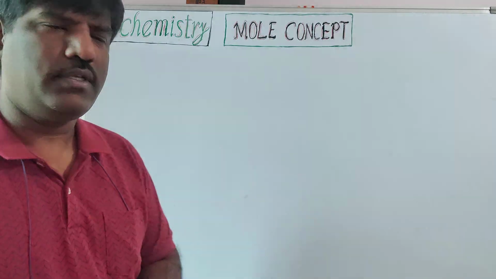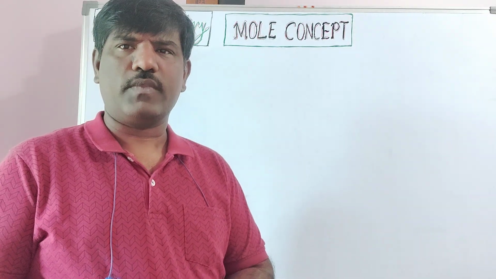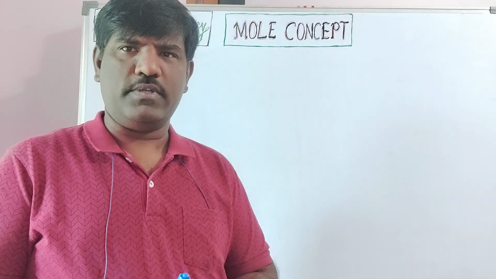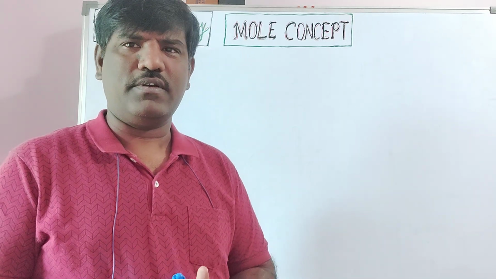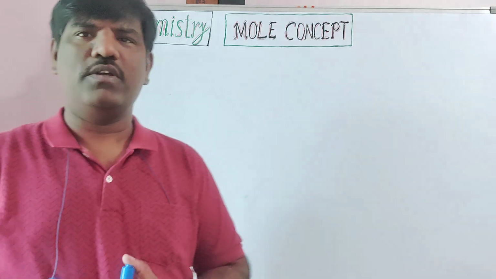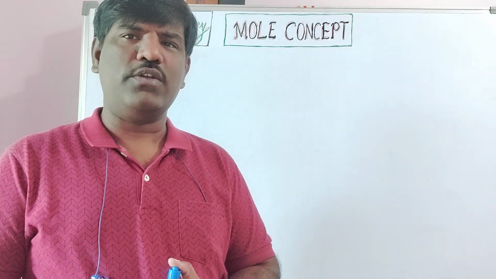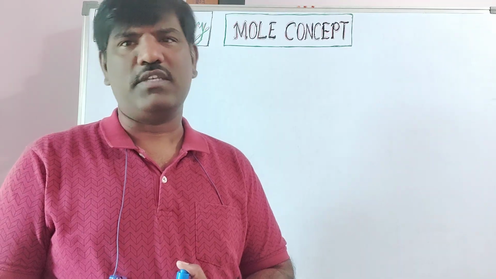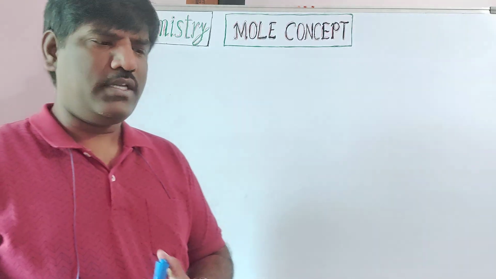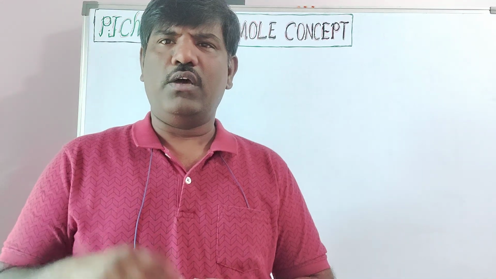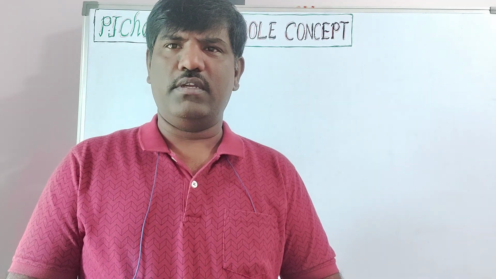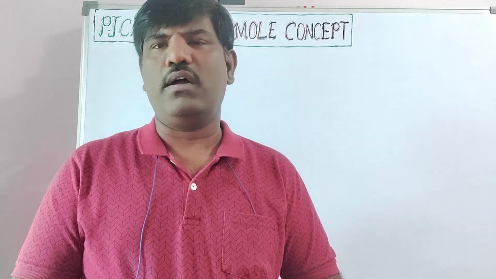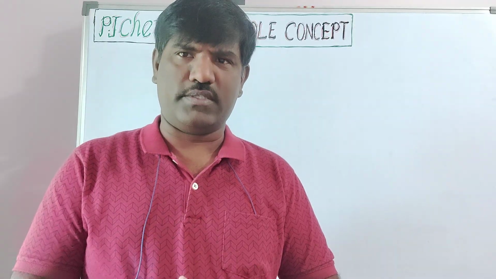Children, if you observe here, the mole concept is a new concept which is used to find the number of particles in a substance. Generally, 1 dozen means 12 articles or 12 objects.